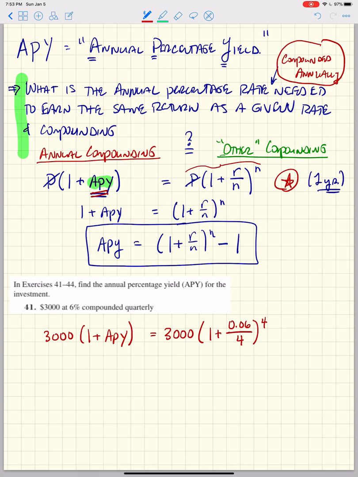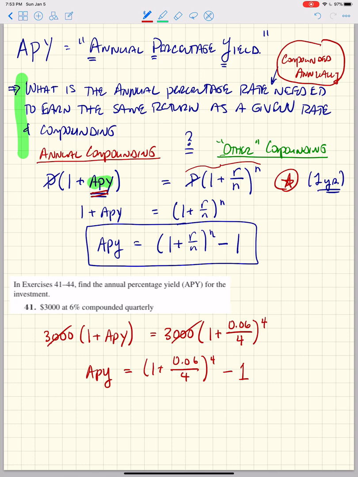Okay, well, the first thing I'm going to do is divide through by my principal. And now I can get that my APY is just 1 plus 0.06 over 4 raised to the 4th power minus 1.